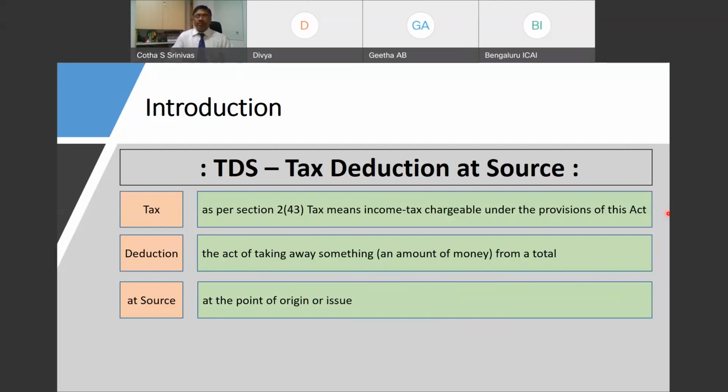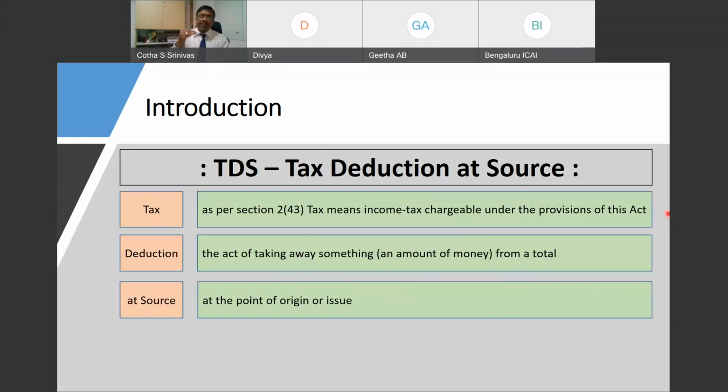When it comes to the Income Tax Act or accounting, what do we connect to at source? At source means the point of transaction. We know the books of accounts are the recording of the events of a business, or recording of transactions. At source means the point at which you are recording a transaction in the books of accounts.